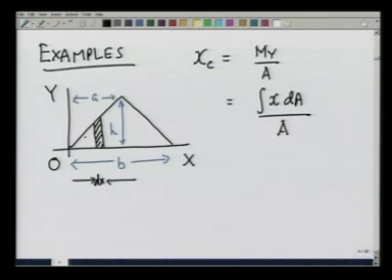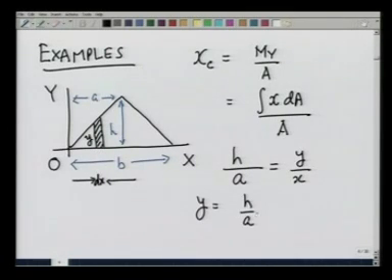The height of this is y. From similarity of triangles, I know that h divided by a is equal to y divided by x, and therefore, y equals h over a times x. This is true as long as x is below a. For x greater than a, I take a small area here whose y is going to be different, and that also we can calculate.